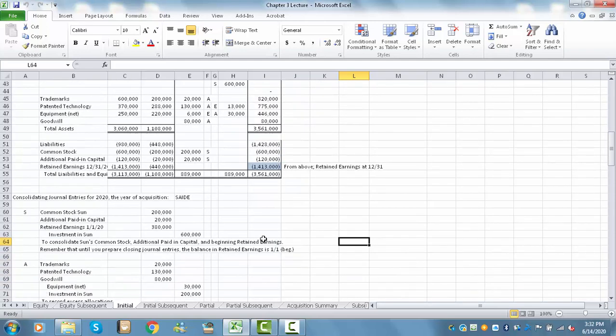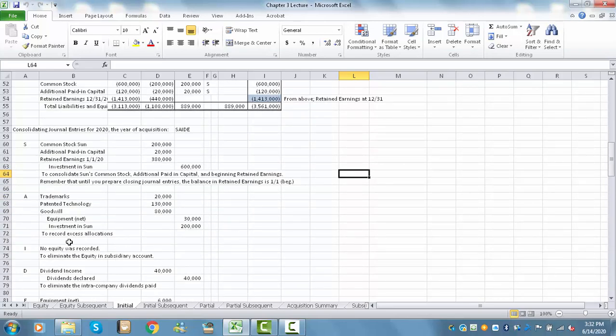We get rid of the common stock, additional paid-in capital, and retained earnings of the subsidiary. We adjust all of the net assets to fair value at the date they're acquired, at acquisition date. This number is just a plug. It's simply the sum difference of these.